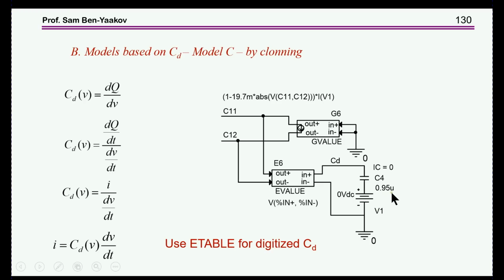This is a 0.95 microfarad capacitor. I'm measuring this current. A method to measure the current is to put a zero voltage source and then to refer to it. Current of V1. This is V1, the current through it. So I can refer to this current. It's a sensor of a current.